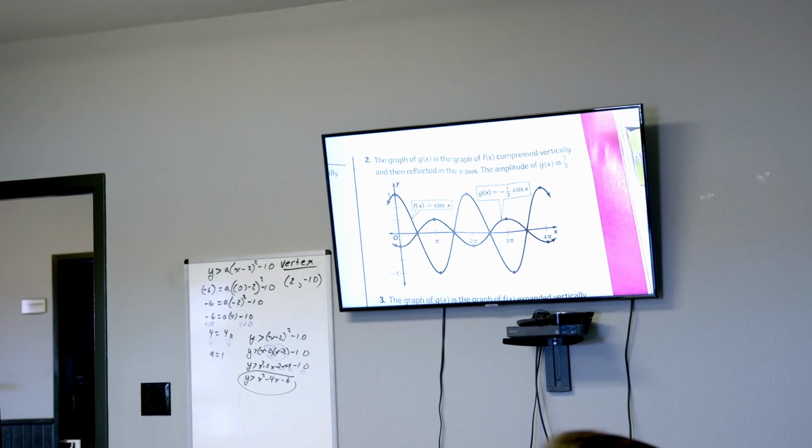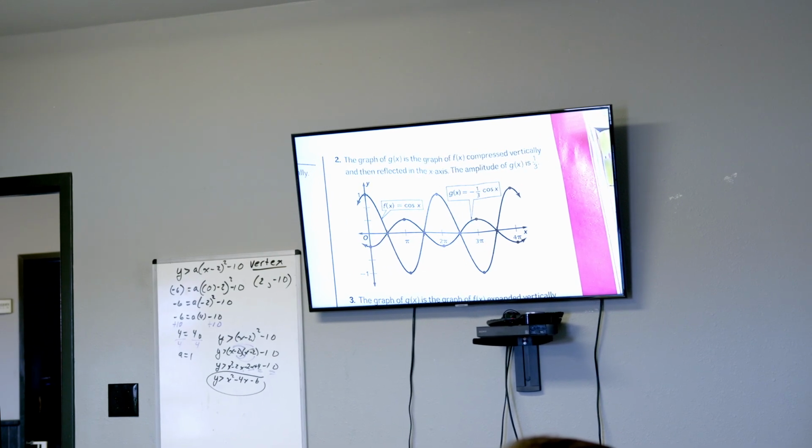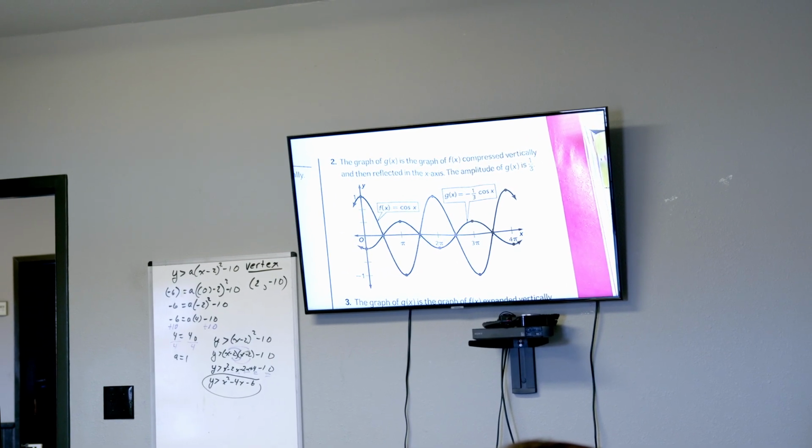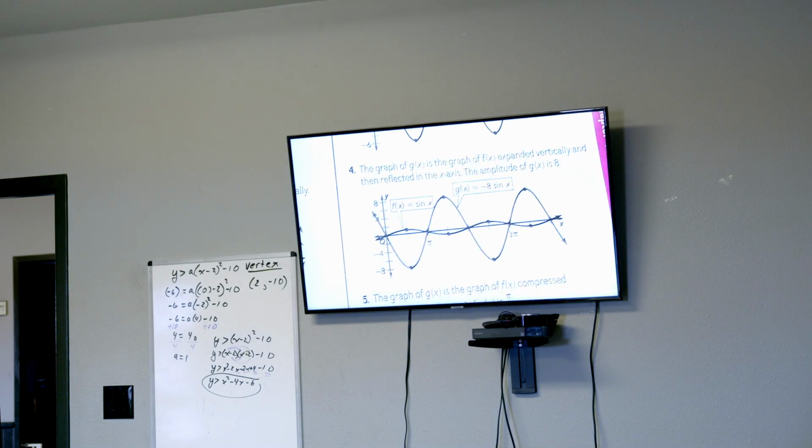They have the parent and the other in this context. The parent is the one with the greater amplitude. They've got arrows pointing to them. Okay. Number 4 is that one.